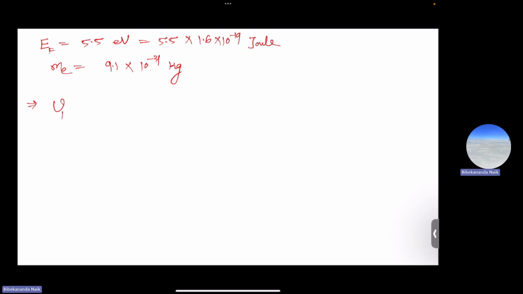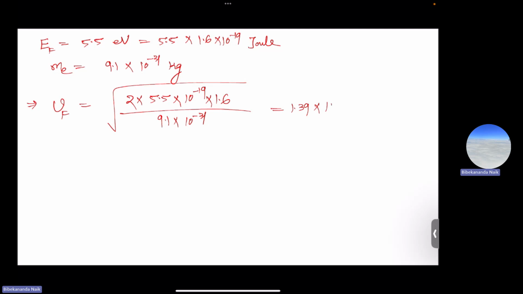That implies vF will be root over 2 into 5.5 into 10 to the power minus 19 into 1.6 divided by 9.1 into 10 to the power minus 31. If you calculate it, it will be 1.39 into 10 to the power 6 meter per second.